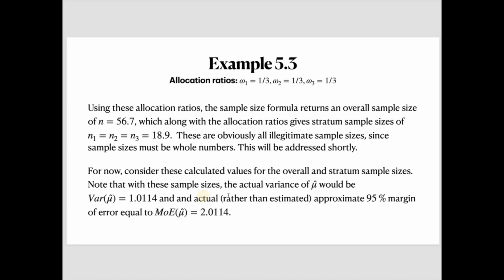Now I say actual rather than estimated because we don't have a sample yet, right? And we are assuming here that we know the population strata variances. All right, and so with that information, the margin of error associated with mu hat would be 2.0114.